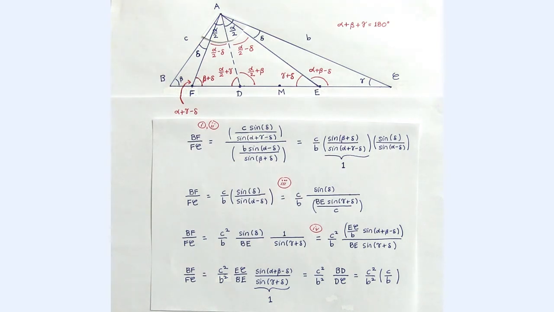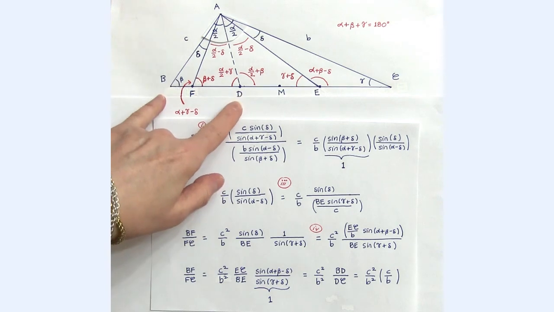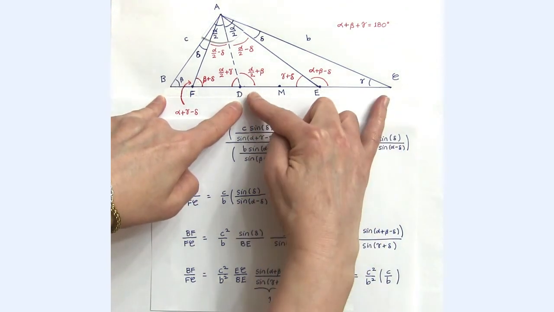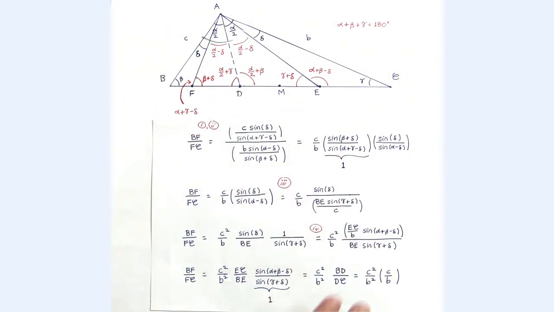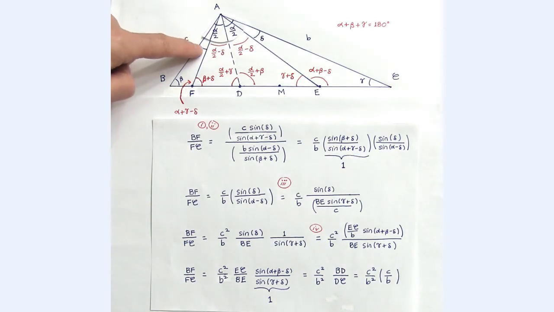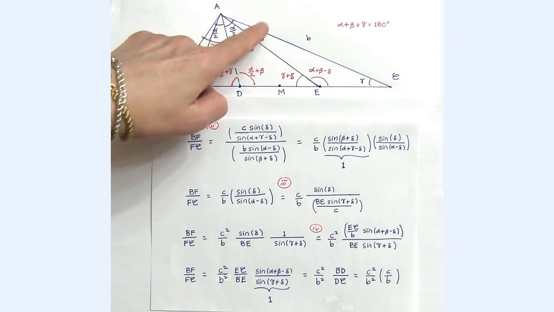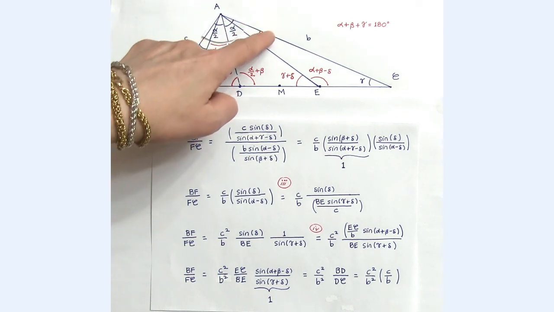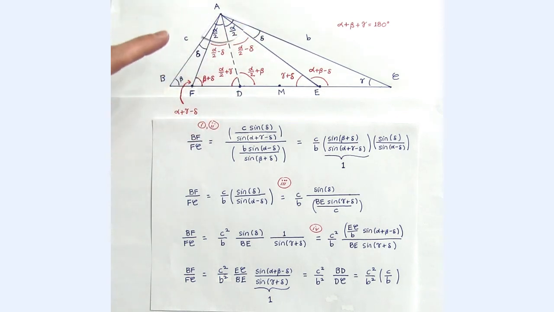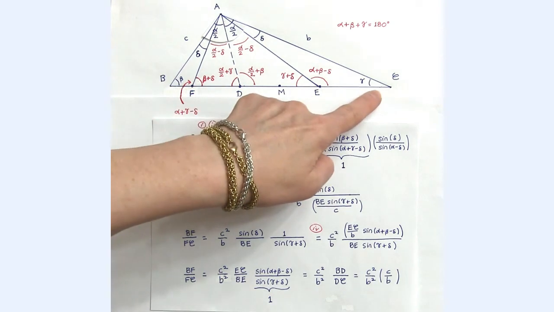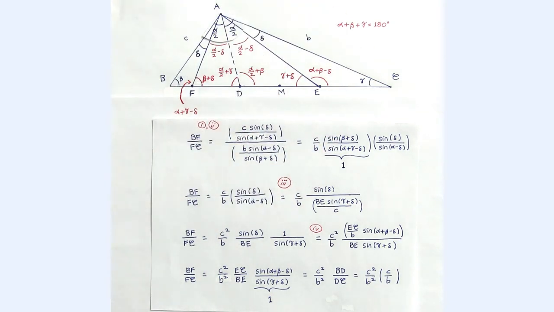We did this in the previous solution by using the angle bisector theorem, because BD and DC were the segments that got created from this bisected angle, so that this angle is the same as this angle, and so that BD over DC was C over B from the angle bisector theorem.